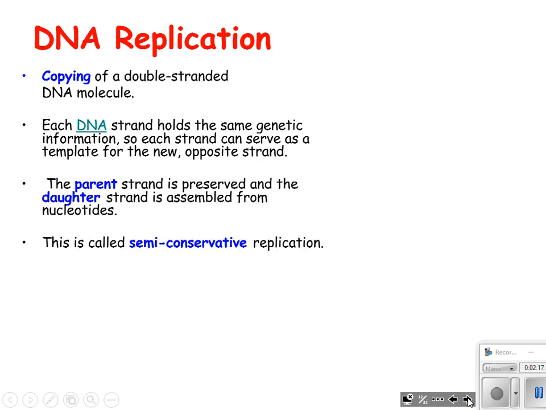So, we assemble the daughter strand by reading the parent strand. We call this semi-conservative replication. Now, that's going to be important, folks. Semi-conservative replication. I'll show you an entire slide on this, and you might even draw it somewhere where you've got some space on one of these pages, 47 or 48. Okay? The resulting double-stranded DNA molecules are identical.